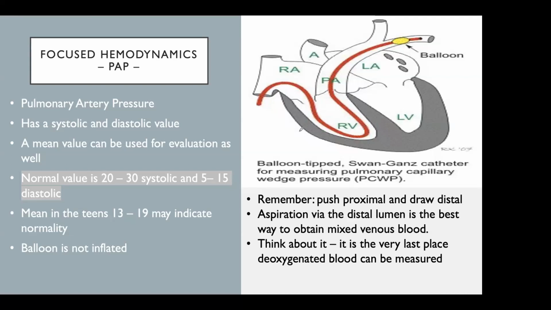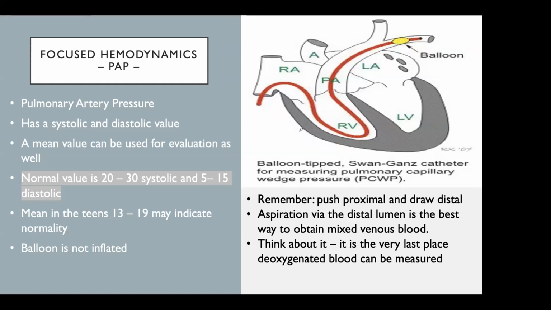So with this, I pose the question: which portion of the body would yield the most valuable information when it comes to oxygen consumption? Well, we can look at the very distal end of the Swan-Ganz catheter. We know that the pulmonary arteries are moving blood straight from the heart to the lungs from the body, right?